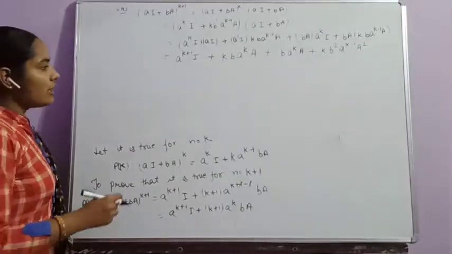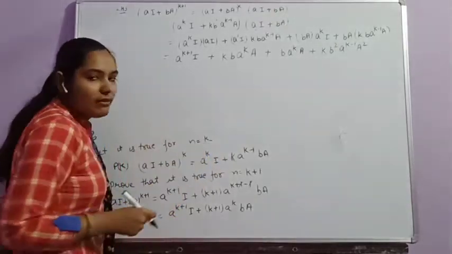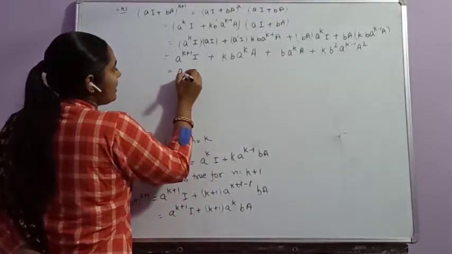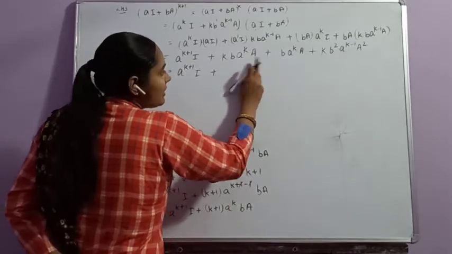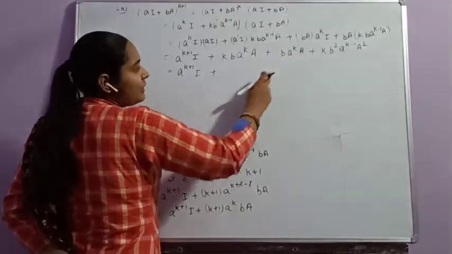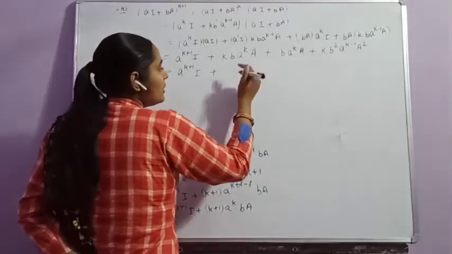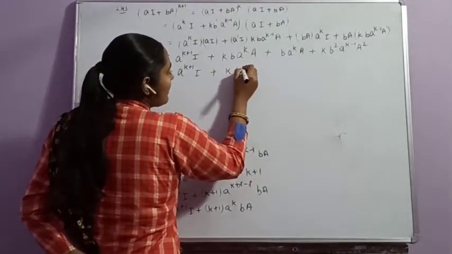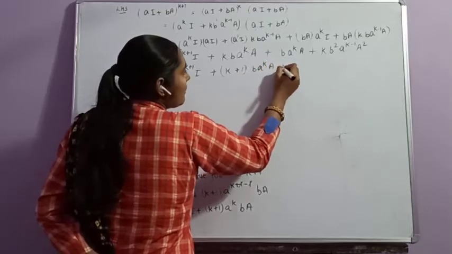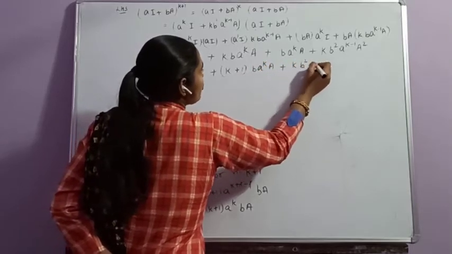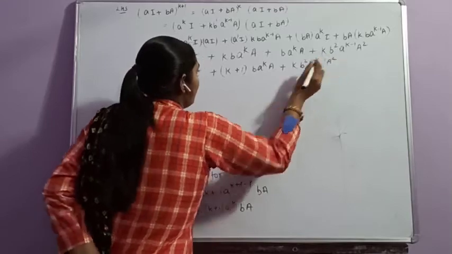So we know the value of A, but we have to find out the value of A squared. So it can be written as a^(k+1) into I plus b a raised to the power k into A, which is common in both terms. So (k+1) into b a raised to the power k into A plus k b squared a raised to the power k minus 1 into A squared.